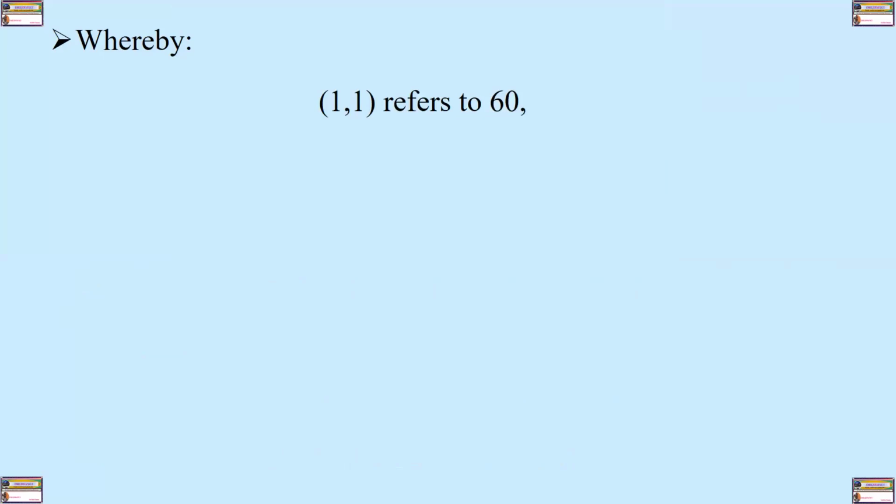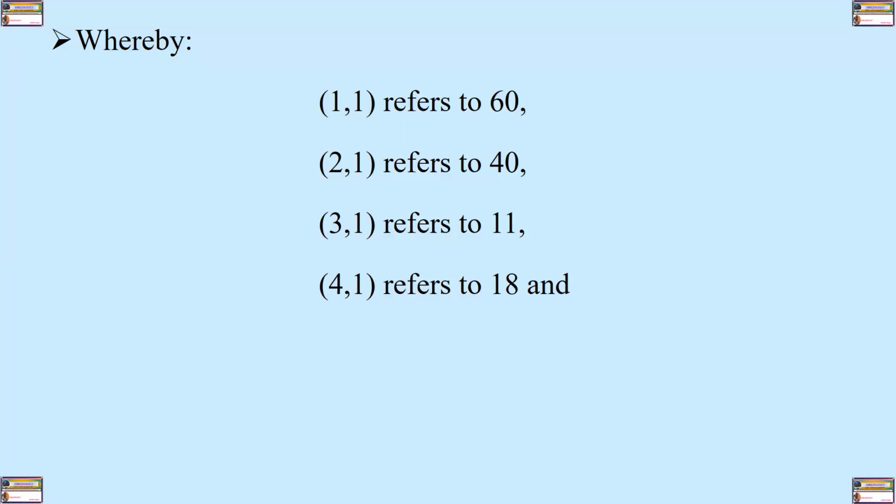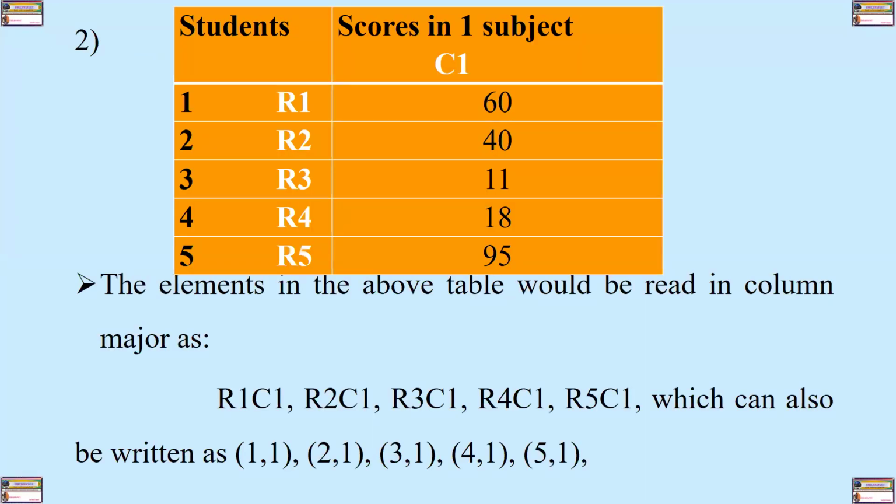So in this case, 1, 1 refers to 60. 2, 1 refers to 40. Row 3, column 1, 11. Row 4, column 1, 18. Row 5, column 1, 95. So 5, 1 refers to 95. As you can see here, row 5, column 1.